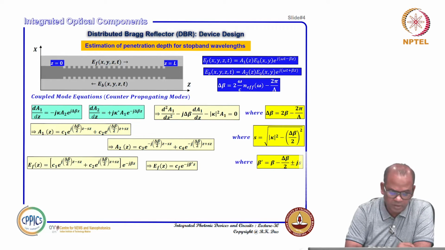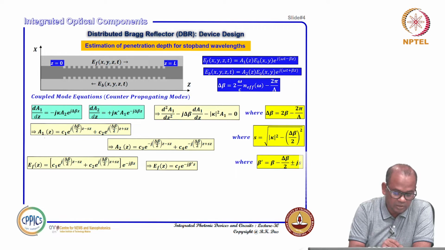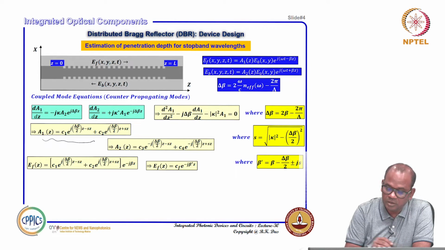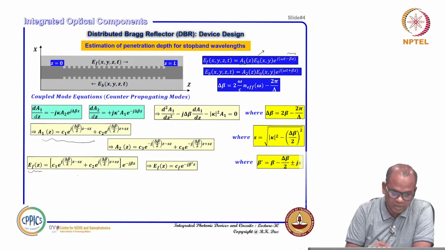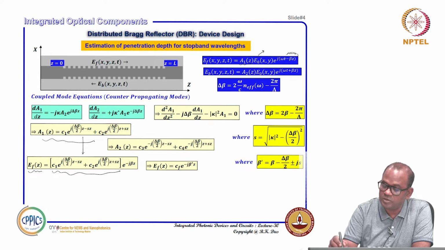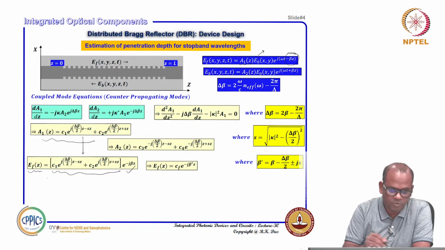Now, next, if this is A1, then we can write down the forward propagating wave EF with its z dependencies. One factor is here, another factor is here, so we can club them together. We have A1 directly written here, along with e to the power minus j beta z, which we write as the z dependent evolution including phase in the forward direction.